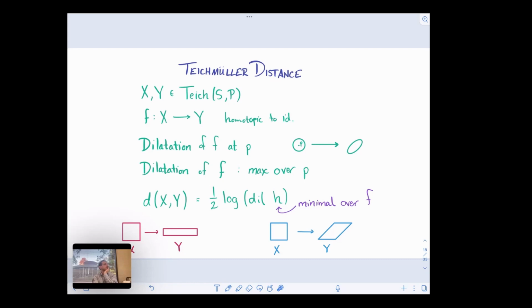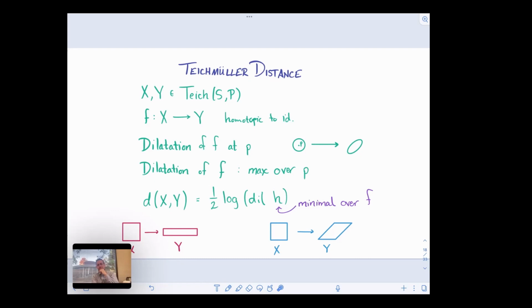No, that's not right. Is it? Let's see. No, it is the best map. The best map is (1 1; 0 1). And so for the distance, you just figure out what that's doing to circles. It's taking it to some ellipse, and I'm not sure what number you get, but it's bigger than 1.